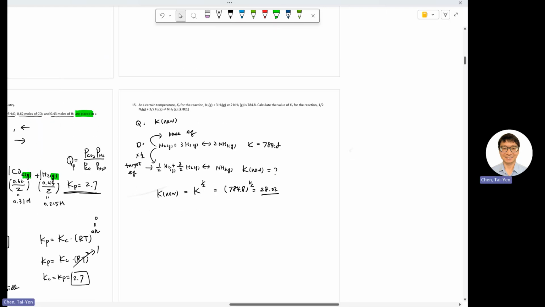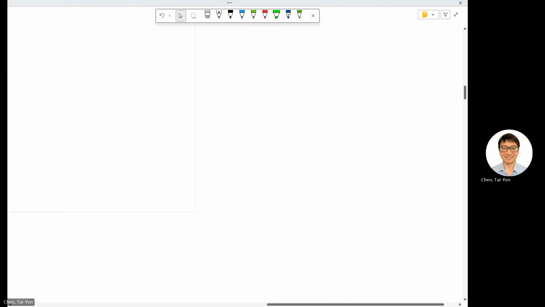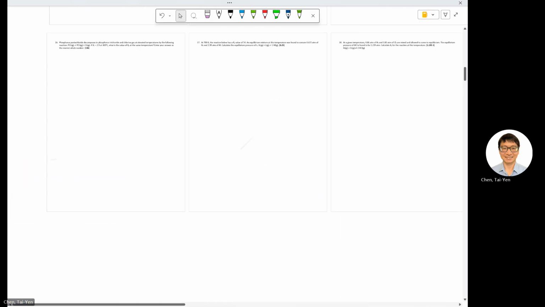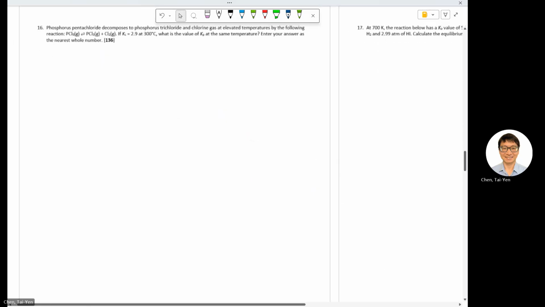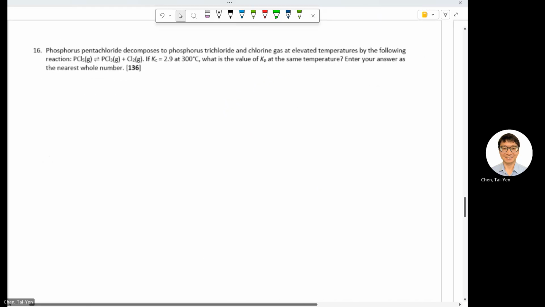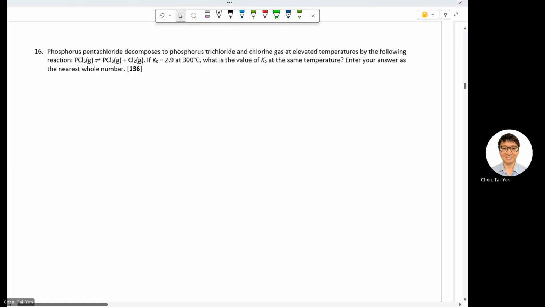All right, so next. Okay, so the question says phosphorus pentachloride decomposes into phosphorus trichloride and chlorine, okay, which is this equation. If Kc is 2.9 at 300 degrees C, what is the value of Kp at the same temperature?